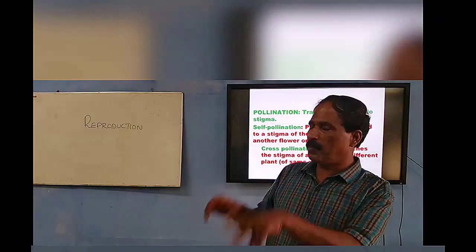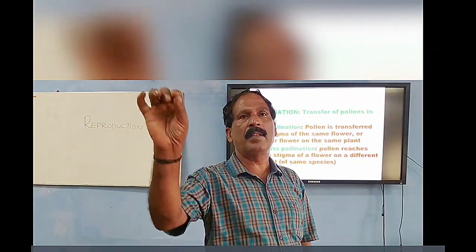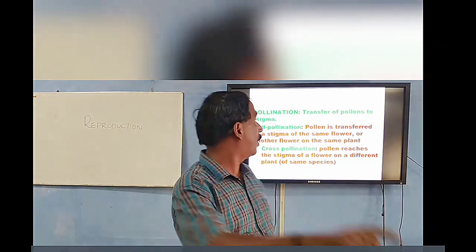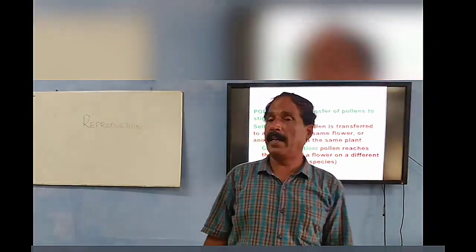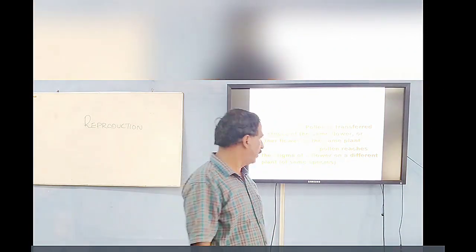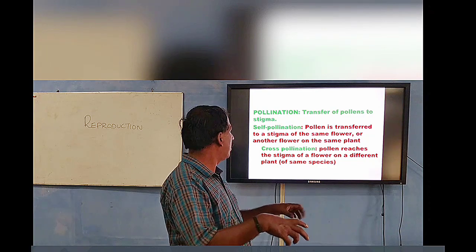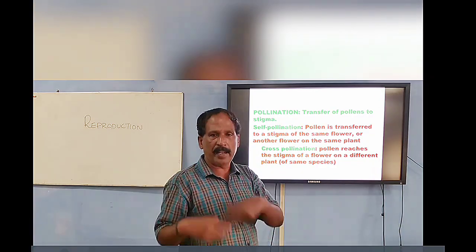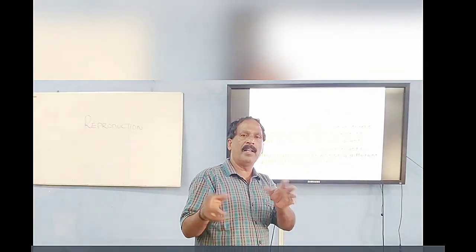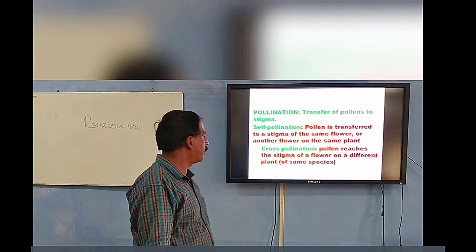If the same pollen falls on the stigma within the same flower, it is called self-pollination. Cross-pollination is by agents like water, wind, insects, between different flowers of the same species. For example, pollen is carried by a butterfly, and it drops the pollen in another flower. This is cross-pollination.